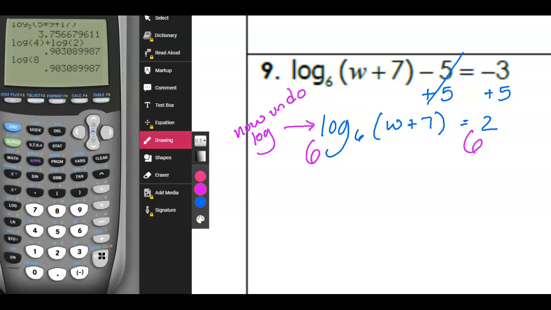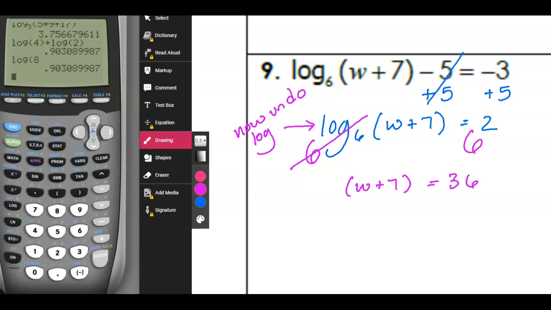So 6 raised to the power of log base 6 is actually 1. And then that w plus 7, it's actually an exponent on the 6. But we now know that for a log, exponents can become the coefficients. So that's why we can be left with w plus 7 equals, what is 6 squared? 36.